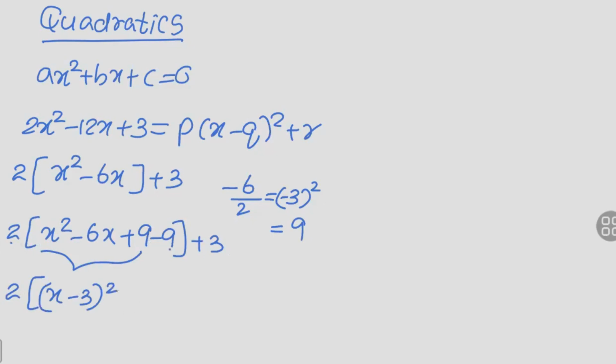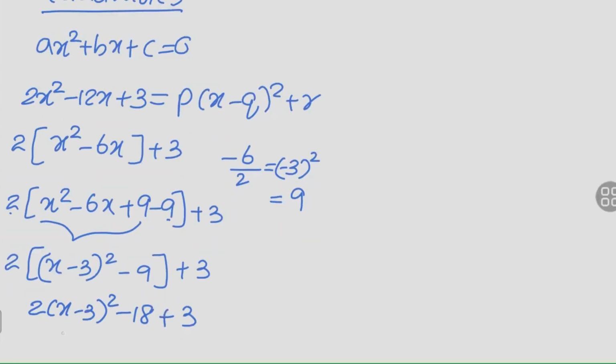This into this, minus 9 plus 3, right? Then you can remove the bracket. What we did was, this is the coefficient of x squared, make it 1 first. Then x minus 3, then remove the bracket: 2 into x minus 3 squared minus 18 plus 3, that is minus 15.